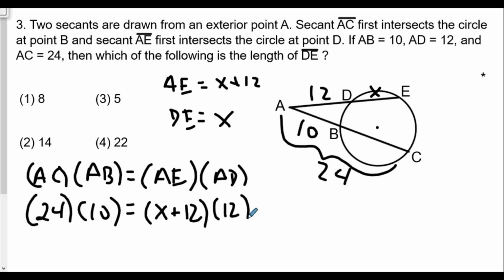Now we could distribute the 12 with the x plus 12, but I'm going to divide both sides by 12 here. You might say, why is that? Well, I like simplifying things first, because it makes my numbers easier to work with since I can divide things out. So these 12s divide out to 1, and the 24 and 12 divide out to 2.